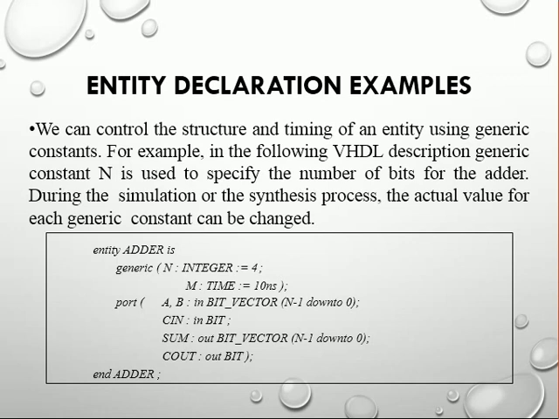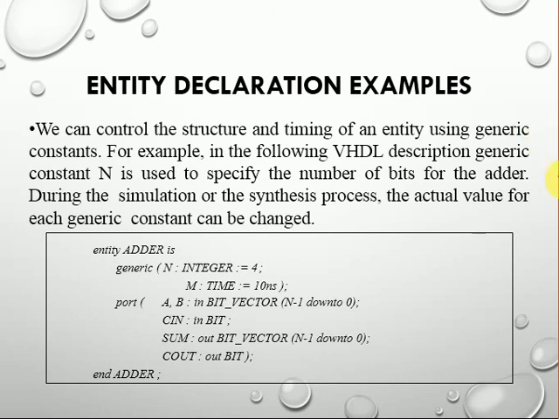Let us suppose that it is a 4-bit full adder, and the time in between is 10 nanosecond. So here this integer, that means the number of bits, is specified as a generic constant. And then the timing, that is for the calculation in between each bit, that is 10 nanosecond that we are considering, is also a generic constant.